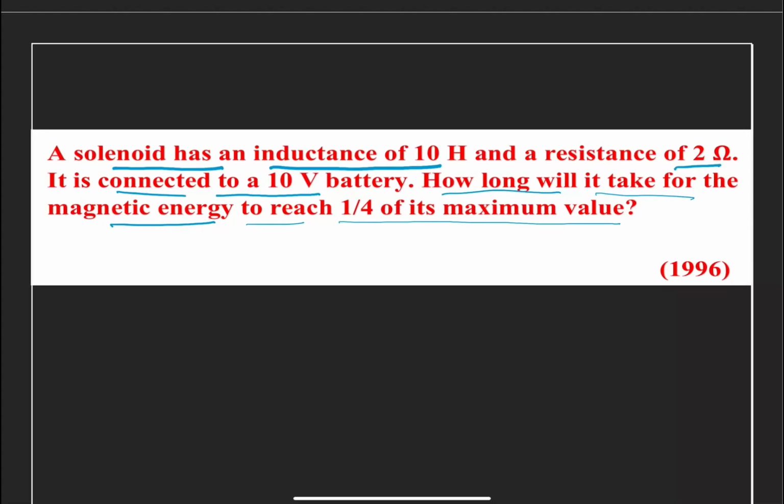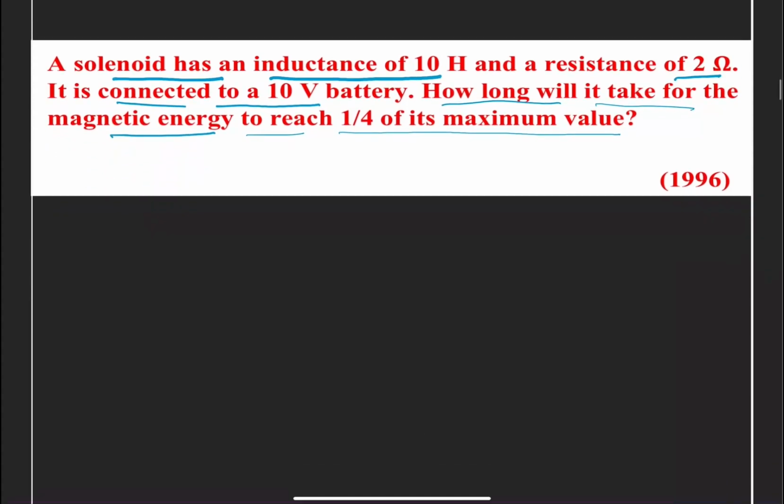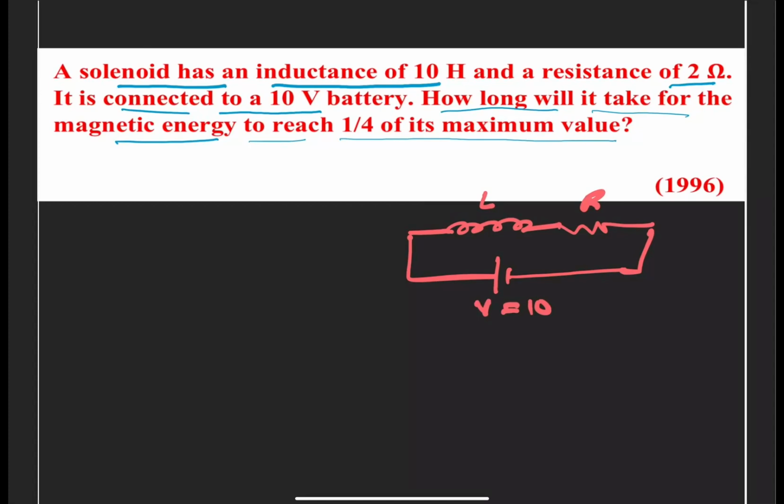So we are given that we have an inductor and a resistance. We can draw an approximate diagram. So we have inductor and a resistance, and this is connected to a 10 volt battery. So this is our L and R, and we have a battery of 10 volt.